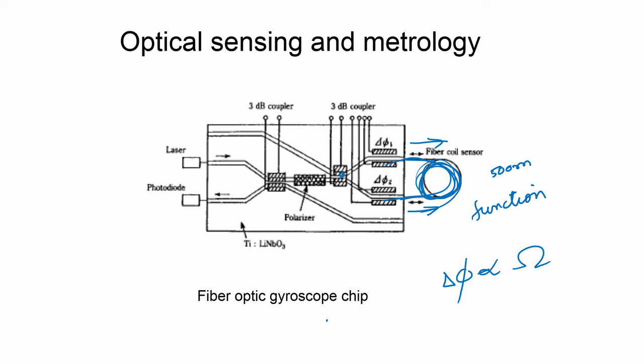Suppose this entire gyroscope is put on an aircraft or a satellite, we can measure the rotation rate of this object. I am not showing you the calculations, but we can go down to the order of a few degrees per hour.